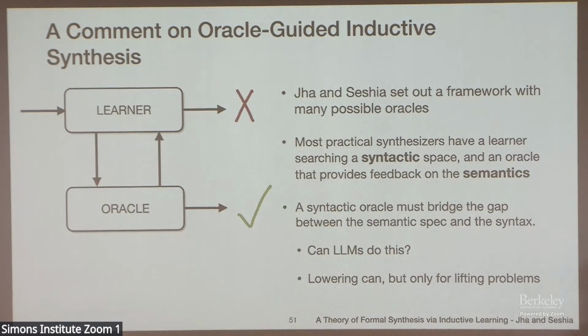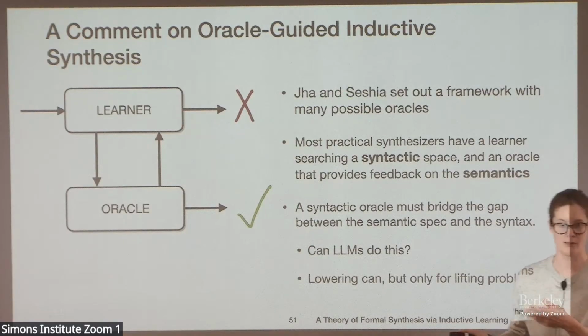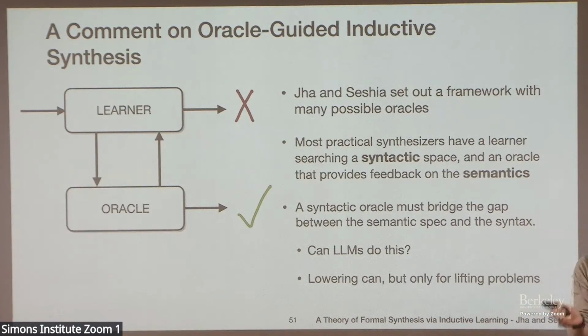So you're trying to give guidance, based on semantics, to something that is searching a syntactic space. In CEGIS, what the guidance is doing is reducing the number of times you have to call the verifier, because you don't call the verifier until you've got a program that works for all of the counterexamples you've seen so far. But you're not changing the enumeration strategy based on that guidance.